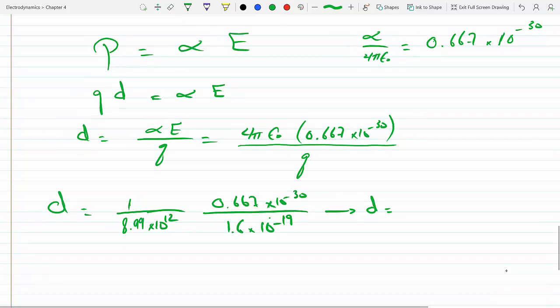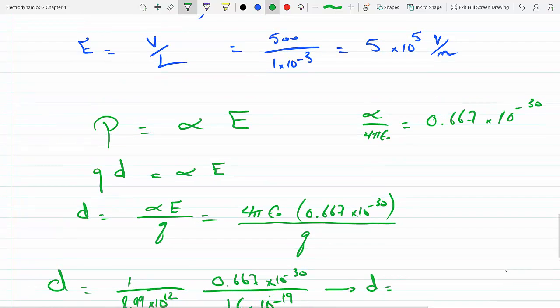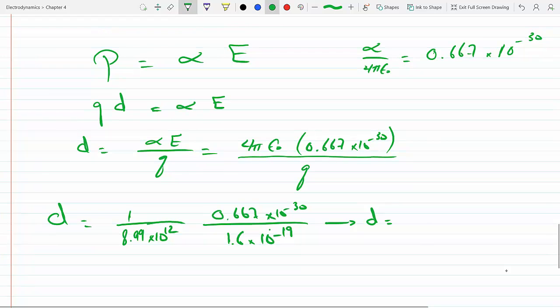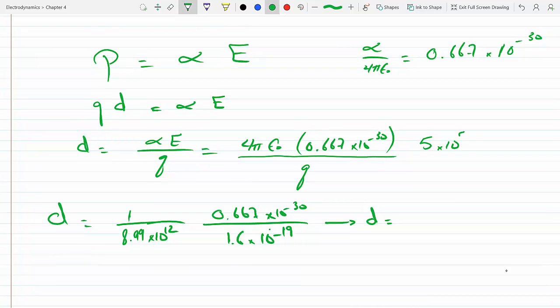Okay, I forgot to put in the E here. The E was 5 times 10 to the 5. And this is 9, not 12. Plugging this in, d turns out to be 2.32 times 10 to the minus 16 meters.